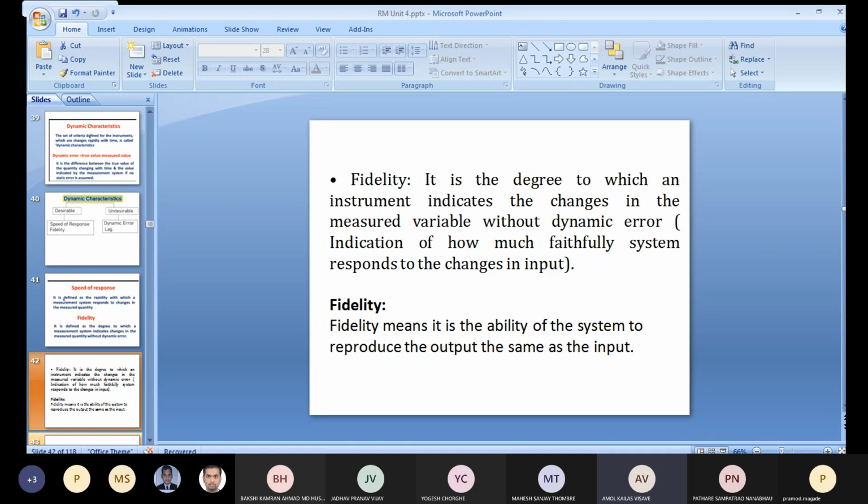Exactly right. Good one. Any other examples related to fidelity? Bhushan? Mahesh? Tell me. Pranav?